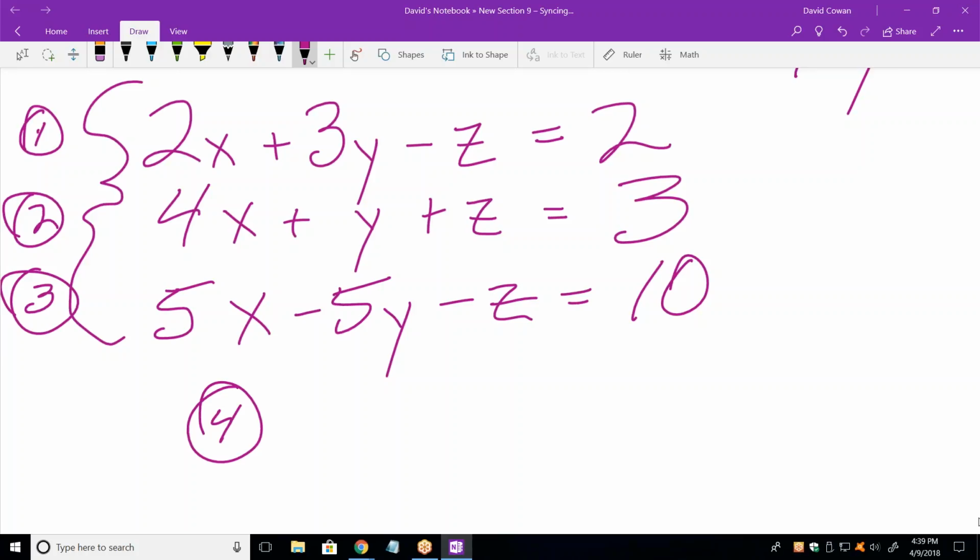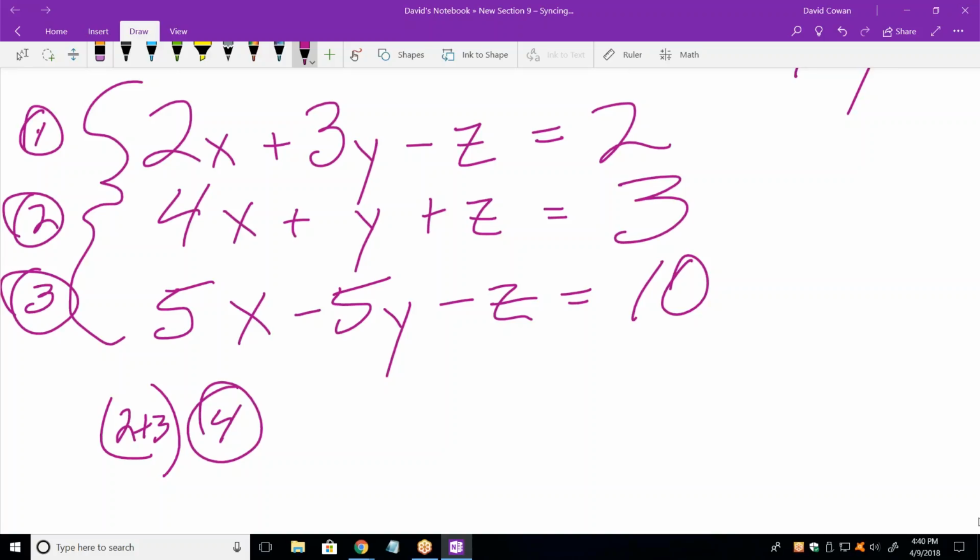Can you find two of those equations where you could eliminate a variable? I don't care which variable, x, y, or z. Yes. Which two? 2 and 3, and it would be z and z. Right, the z's are going to eliminate. So 4 is going to be 2 plus 3. Tell me what it is.